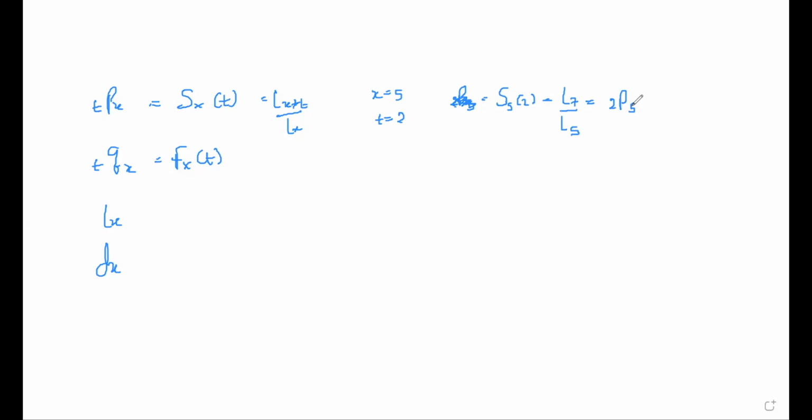Now, this probability here represents the probability that a person age 5 will survive 2 more years. How would you know that? If the person age 5 survived 2 more years, by then the person will now be 7 years old. So we are looking at the number of people who are currently alive at age 7 out of those who were alive at age 5. I want to ask you, L7 and L5, which one will be bigger?